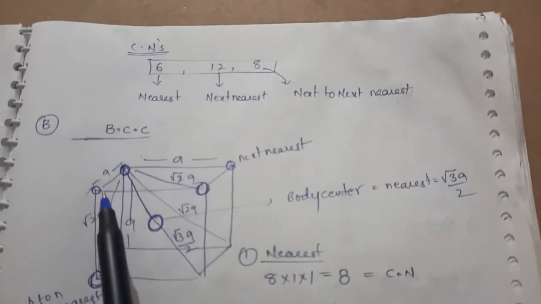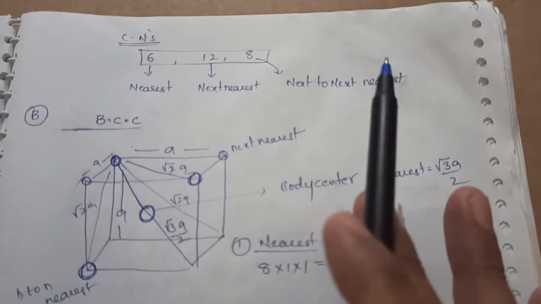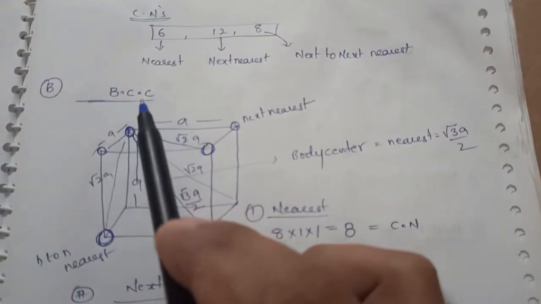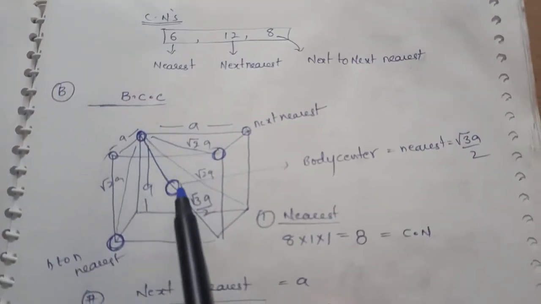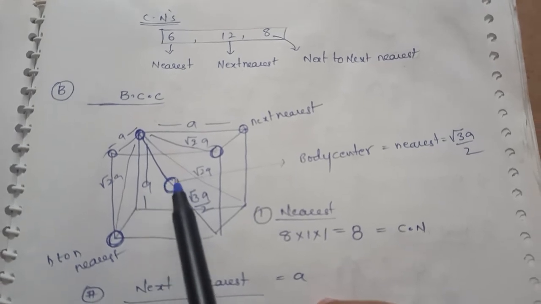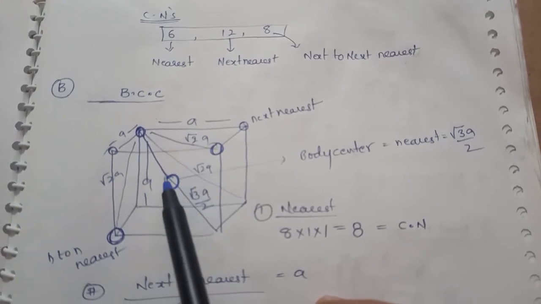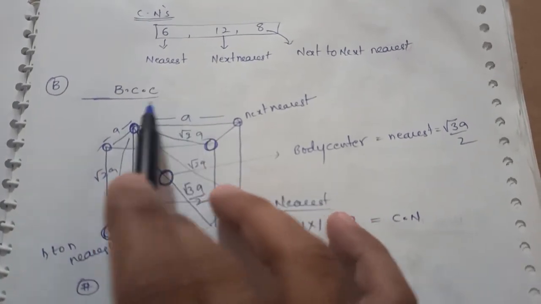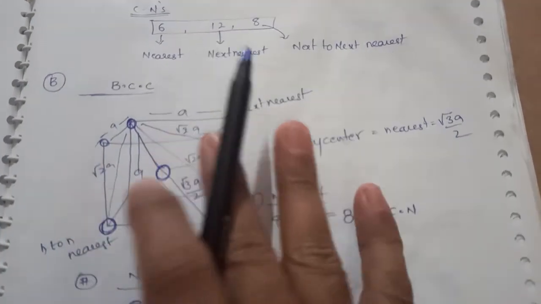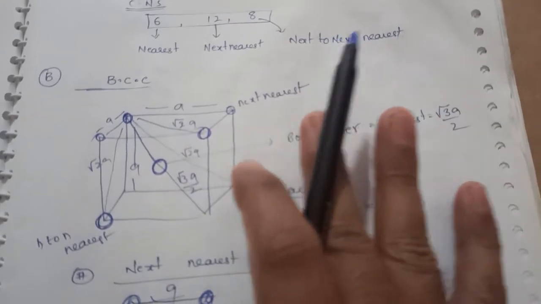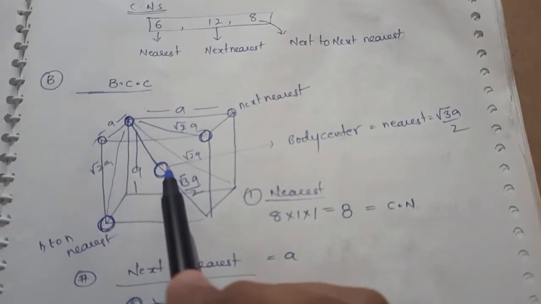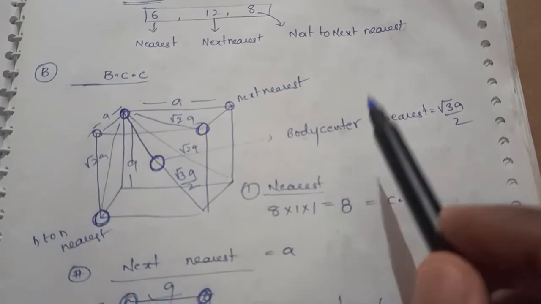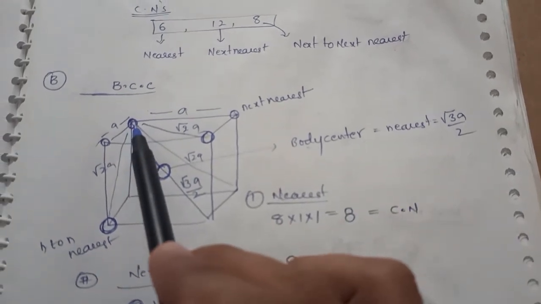And next we are discussing the BCC structure, the body centered cubic. Here in the middle of the body we keep one atom, because this is the BCC. Before this we discussed the simple cubic, that has been completed. In the BCC, in the body we have assumed one atom. If you assume this atom, what will happen?